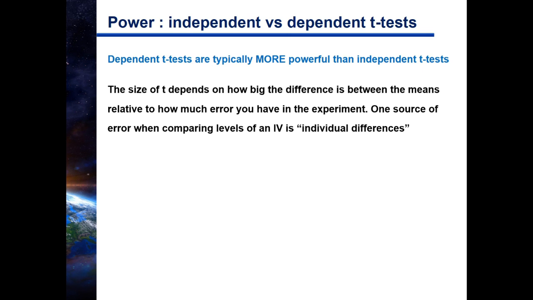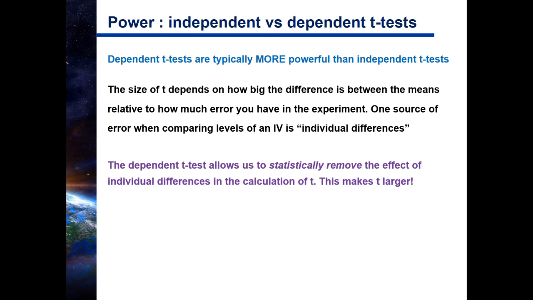If you have a design where you test the same people in each group, so Peter, Paul, and Mary in group 1, Peter, Paul, and Mary in group 2, then you can run a dependent t-test, and that t-test allows you to statistically or mathematically remove the effect of individual differences in the calculation of your t-value.